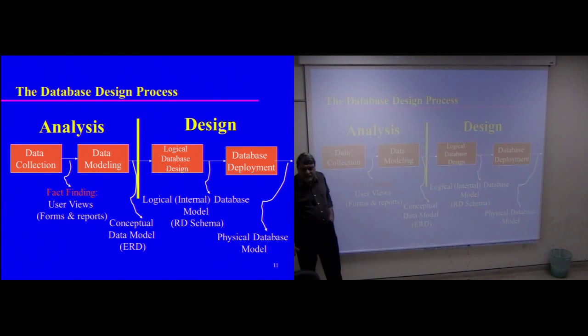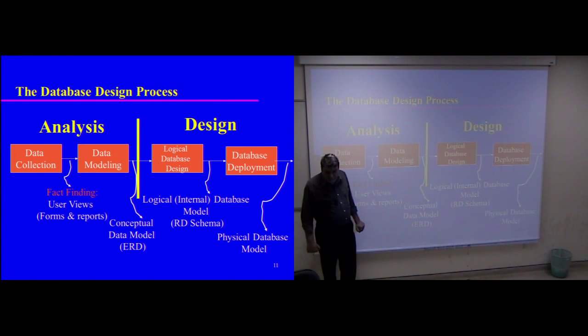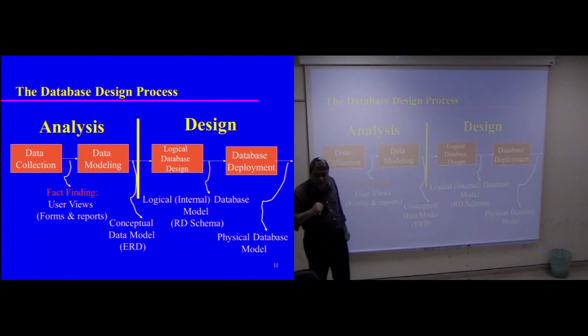Why is it called the conceptual data model? It's a model. We agree that it's a model. A model for what? For data. So it's a data model. Why is it conceptual? It is conceptual because it abstractly specifies the data requirements. It doesn't care about how you are going to really implement it on the computer.